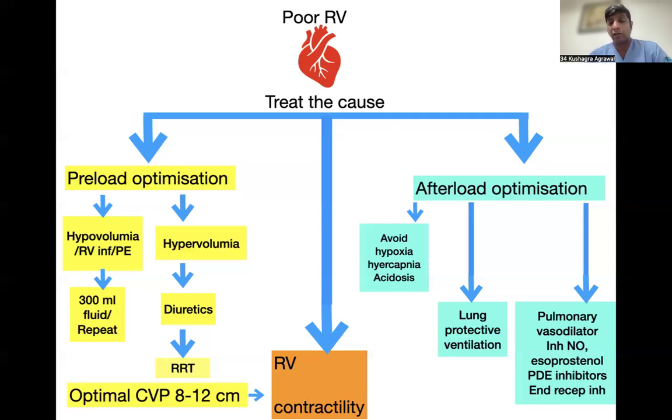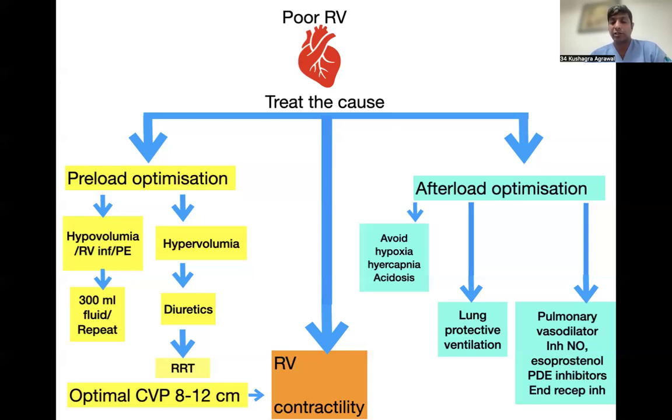Now, afterload optimization. Avoid hypoxia, hypercarbia, and acidosis to decrease pulmonary hypertension. Lung protective ventilation means tidal volume should not be more than 8 ml per kg. We can use pulmonary vasodilators. Inhaled nitric oxide is the treatment of choice.